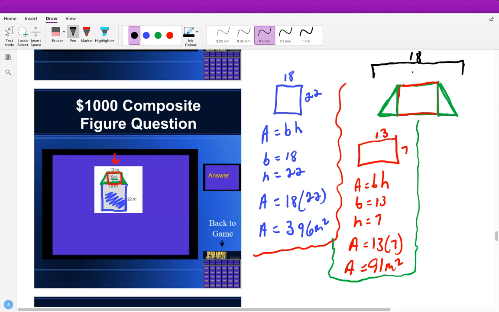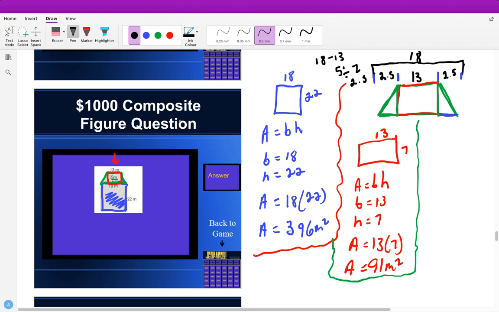I know that this is equal to 13. So in order for me to find this distance from here to here and here to here, remember, we will do 18 minus 13. That means those two side lengths combined is equal to 5, and since they're both the same, we will divide it by 2, which means they are both equal to 2.5.